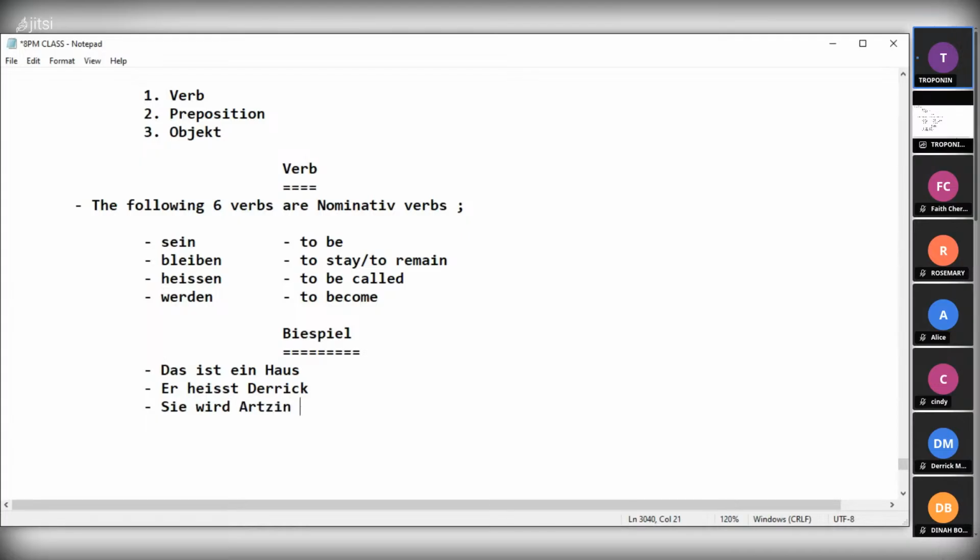So that is Shaga. Ich bleibe heute zu Hause. So ich bleibe heute zu Hause.